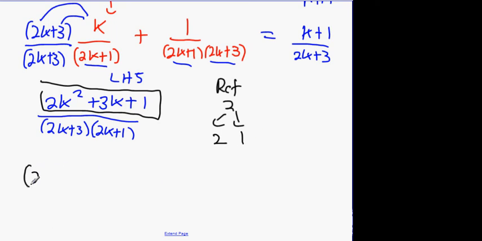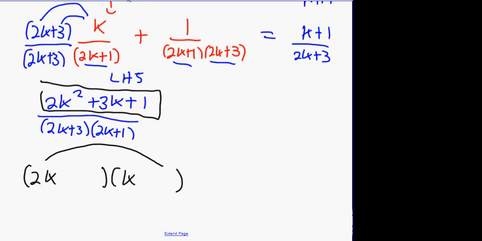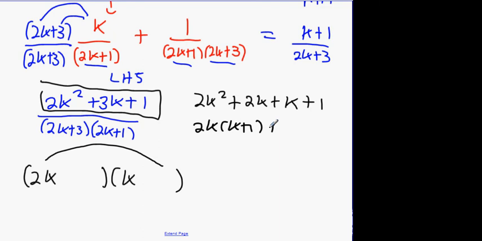So we're going to have 2k and k, multiplied out using the reference number. The reference number would be 2 and 1, so it would turn into 2k squared plus 2k plus k plus 1. Then we'll bring 2k into k plus 1 plus 1 into k plus 1. So it would have turned out to be 2k plus 1 times k plus 1.